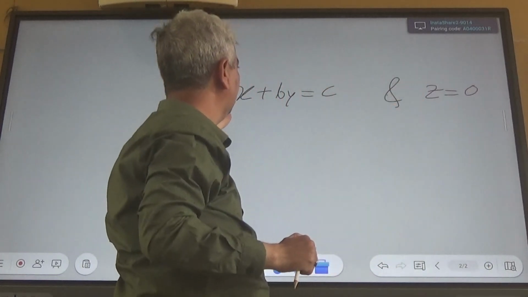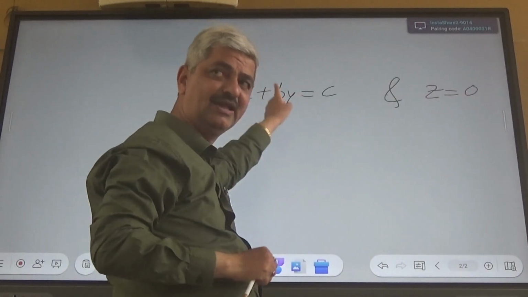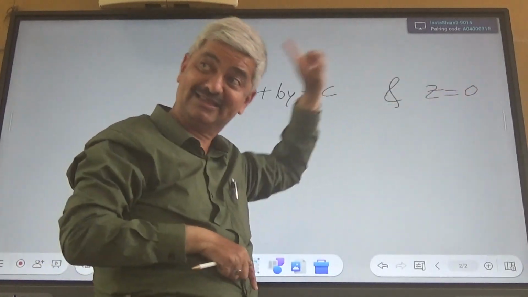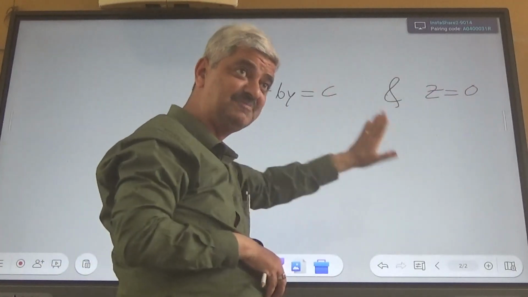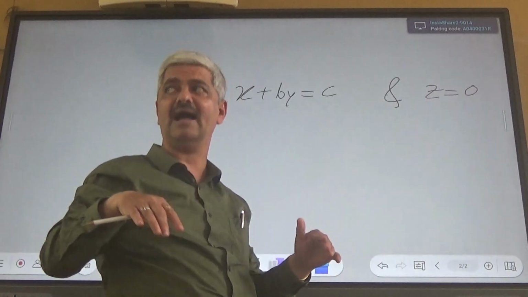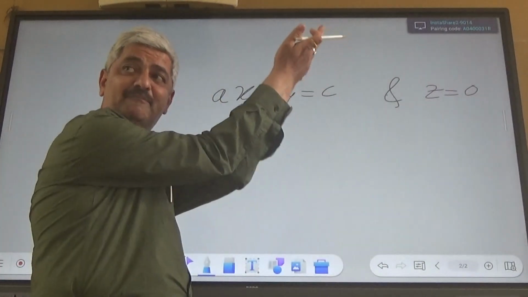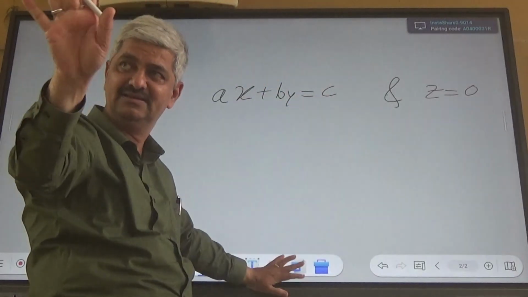Ax plus by equal to c along with z equal to 0 represents a line, because otherwise if I don't specify that and I say that x, y and z are 3 variables, then ax plus by equal to c will become a plane. Is it right? Is it clear?